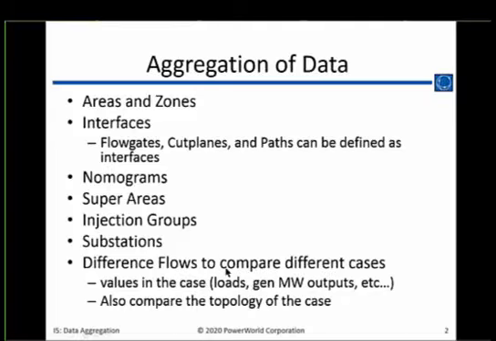So it's useful for that. And you can also take like different generations of the same case. Like I'll show you an example where I take a Western case from 2016 and compare it to a Western case from 2018, and then you can see like which loads and generators are new, which ones were taken out, and things like that.